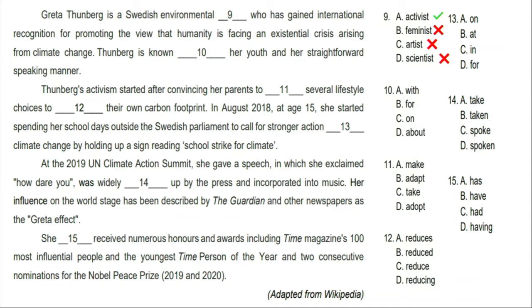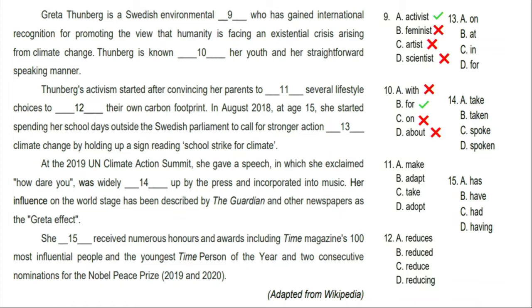I don't know about you, but A is not right. B might be yes or no. If you are not sure, leave it first and take a look again at other answers. What about C? Thunberg is known on her youth. Not really. Or D, Thunberg is known about her youth. So the right answer is B, for her youth. Thunberg is known for her youth and her straightforward speaking manner.